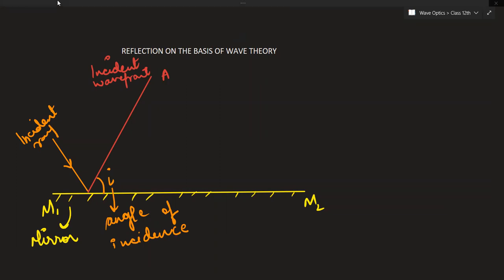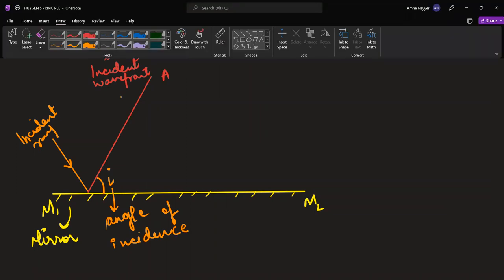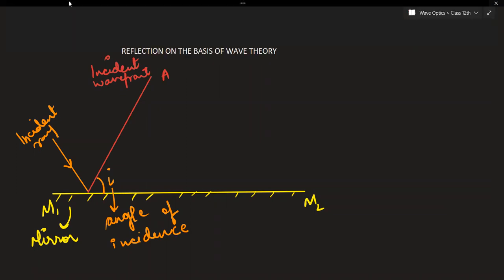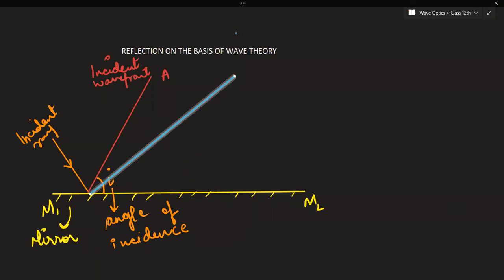It gets reflected. So here will be the reflected ray. This is exactly the same procedure which you have to remember. This is the reflected ray. If you see, the wavefront will be formed over here. It means the wavefront is formed.